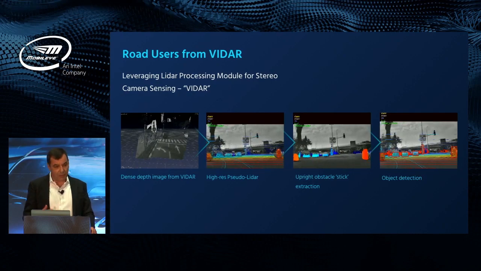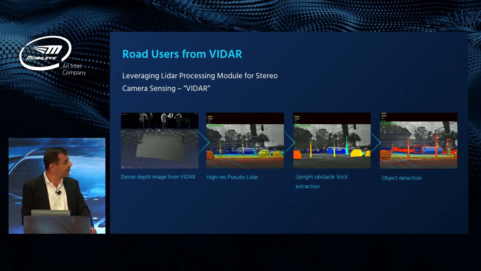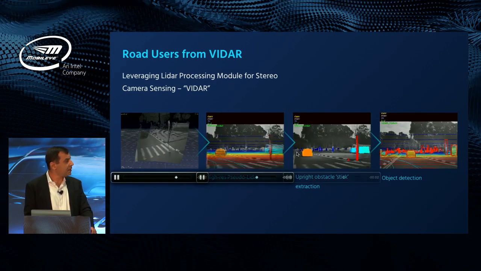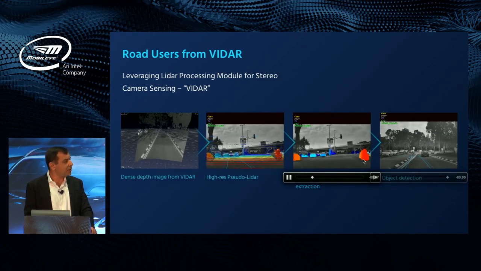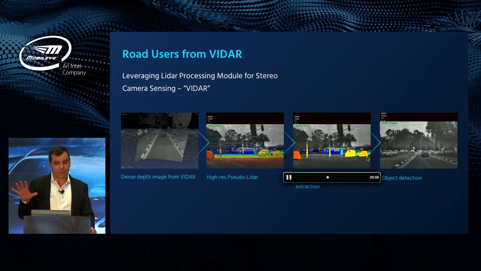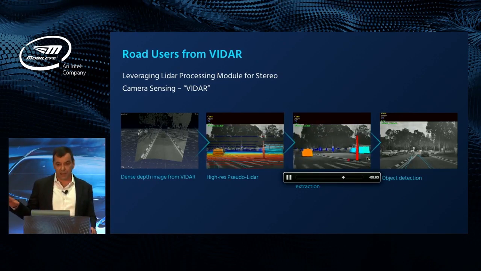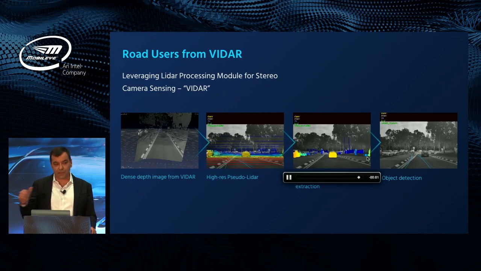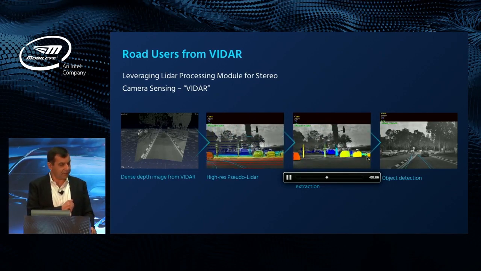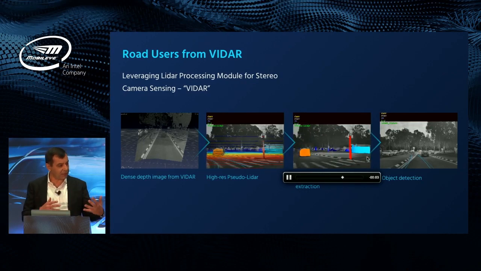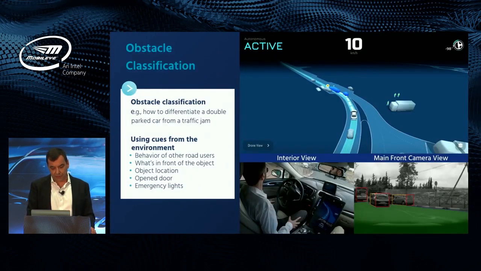And here is an example of how we use the pseudo-Lidar data and feed it into the Lidar processing stream that we have in order to detect objects. So we take the same algorithms that we have with the vehicle with radars and Lidars and feed them with the pseudo-Lidar information rather than with the Lidar information, in order to get a stream where we detect objects and measure range to them.